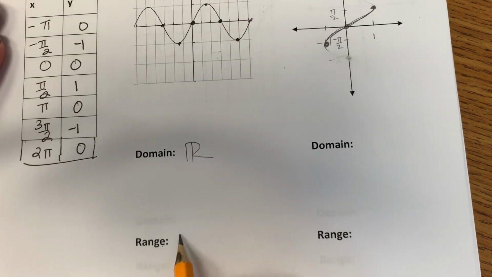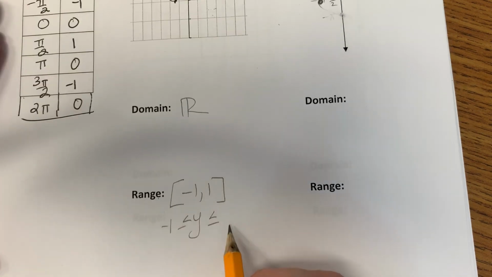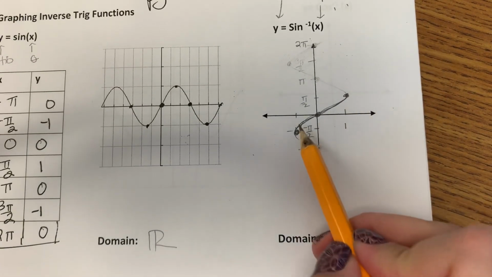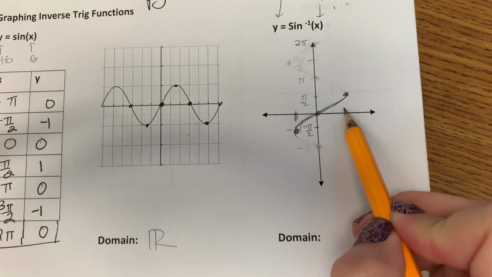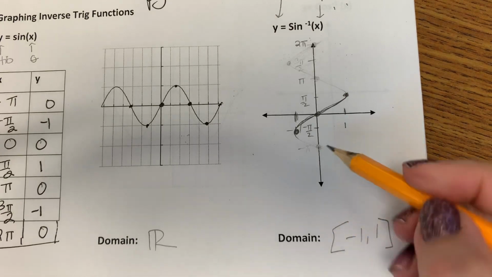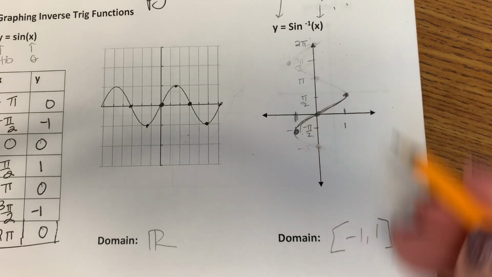And the range, we know, goes from -1 to 1 of the parent function. But now for the inverse function, the domain goes from -1 to 1. And the range is -π/2 to π/2.